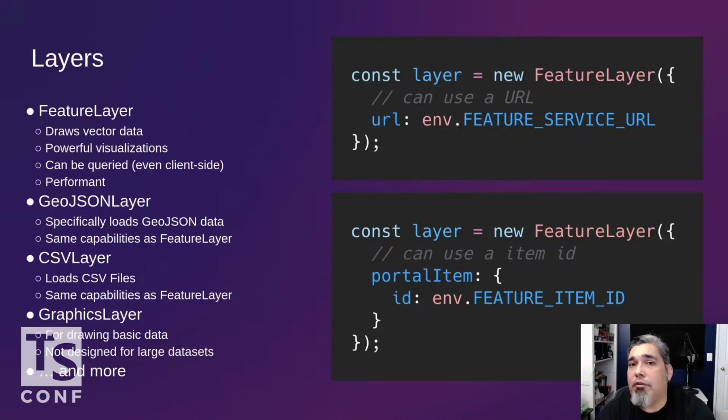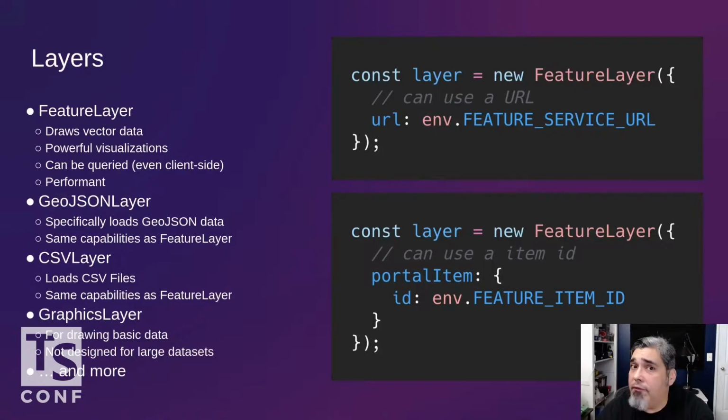You can use feature layers to draw vector data, things like we mentioned before: earthquakes, weather data, buildings or detailed line work, lots of points, demographic information. All of that can be drawn with feature layers. The key here is that you can use it to create some really powerful visualizations, which we'll also see a couple of samples of.